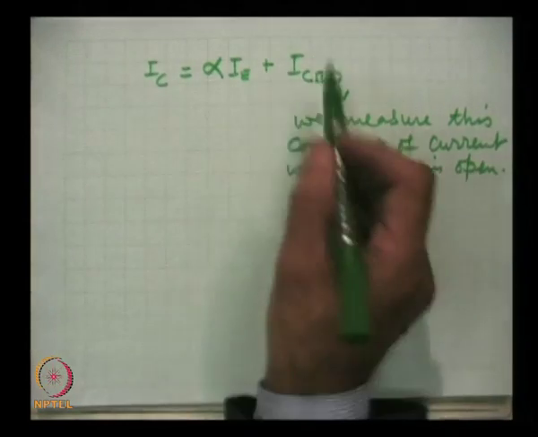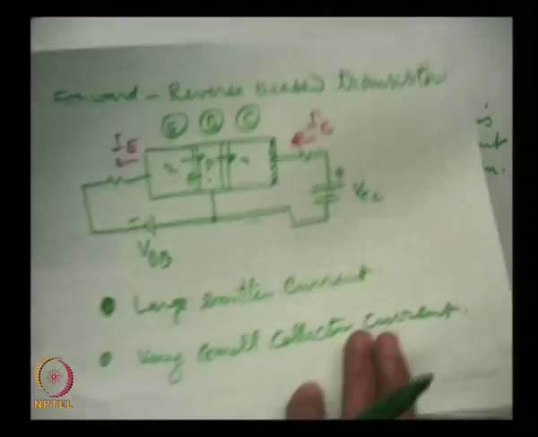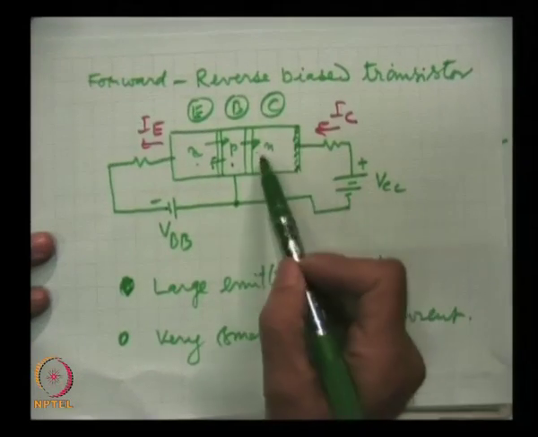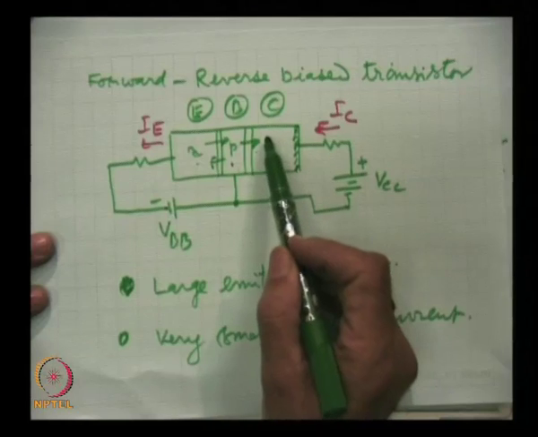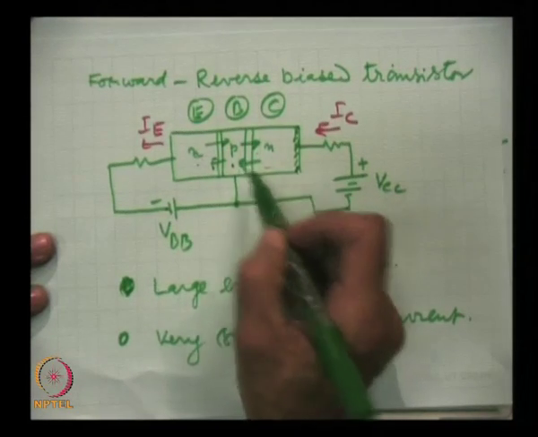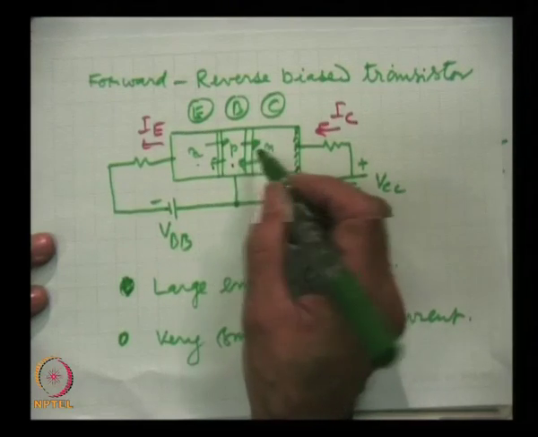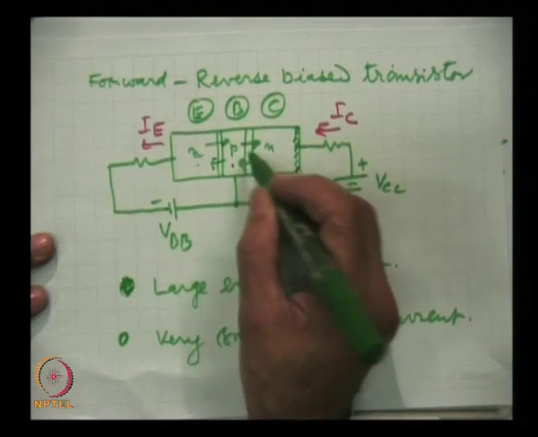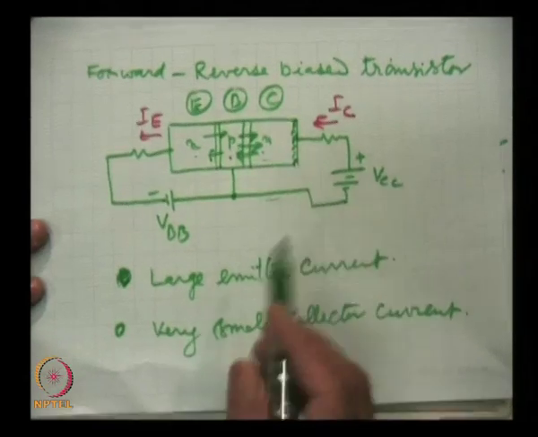This will also be in the same direction, which I can explain here: this is the reverse-biased junction. Thermally generated holes will move in this direction, and thermally generated electrons in the p region will move in this direction.